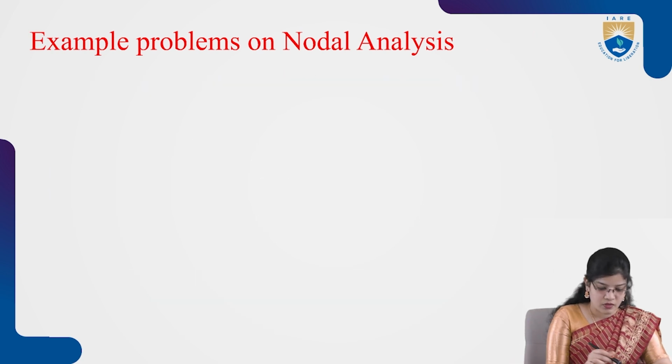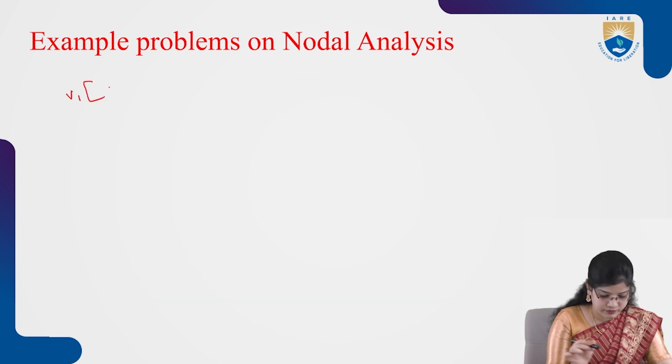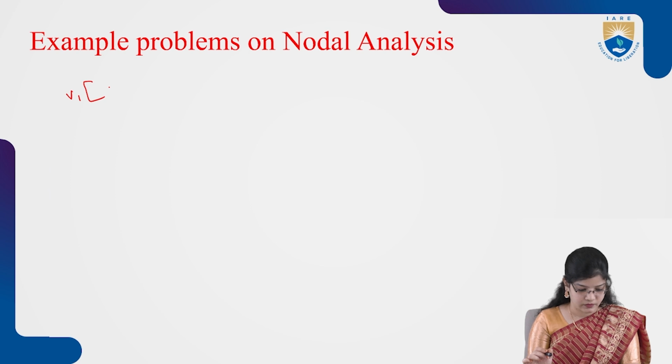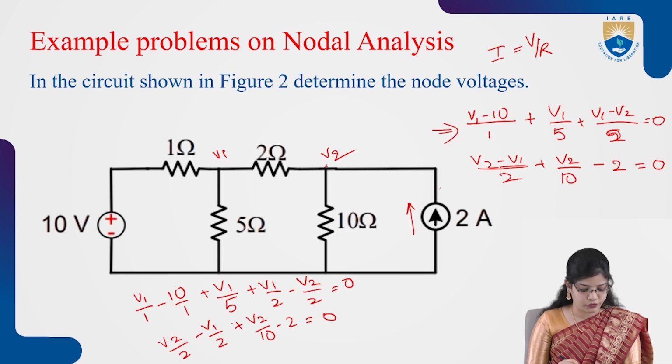So first for V1, it will be of 1 by 1 plus 1 by 5 plus 1 by 2.